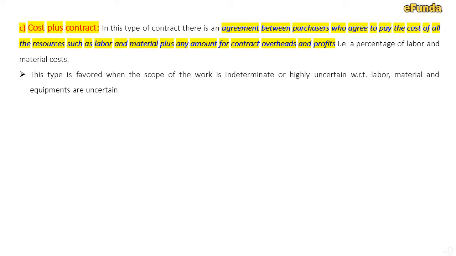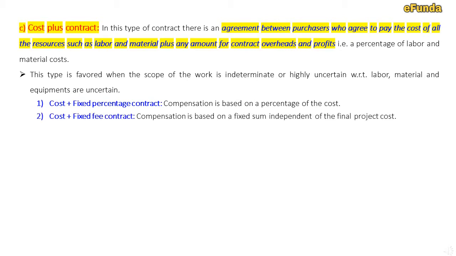Now we will see various types of contract in brief. Cost plus fixed percentage contract. Compensation is based on a percentage of the cost. Second type, cost plus fixed fee contract. That is, compensation is based on a fixed sum independent of the final project cost.